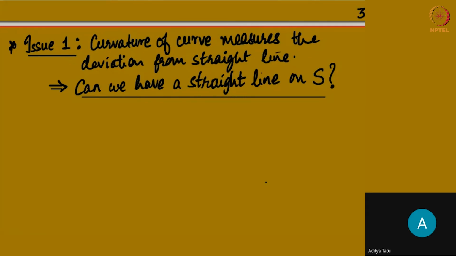Now, if we try to capture the curvature of curves on the surface, is it fair to do that? If the surface is curved, can we have a straight line on a surface? You're measuring deviation of something from an ideal thing, but is it possible to have that ideal thing on the surface?